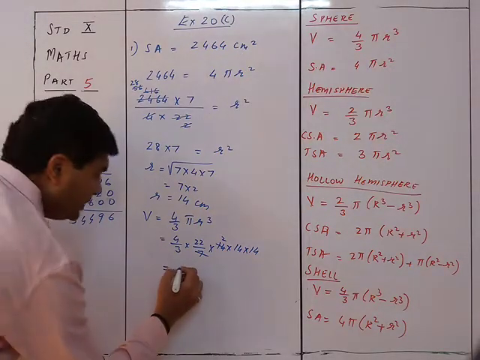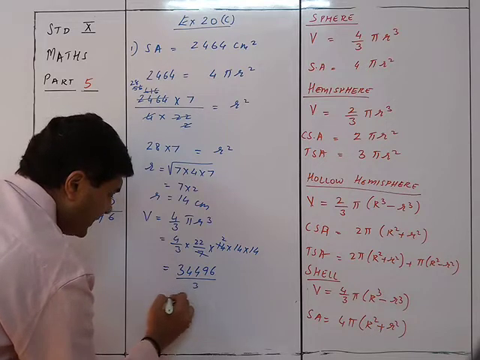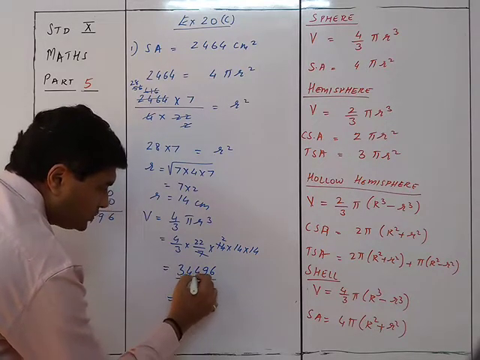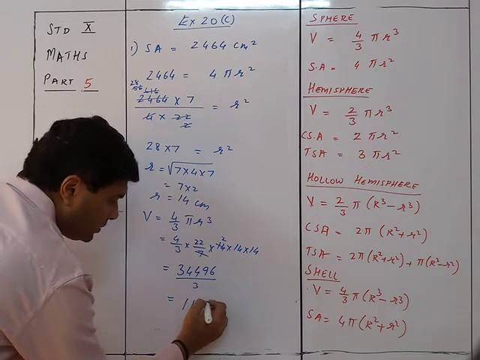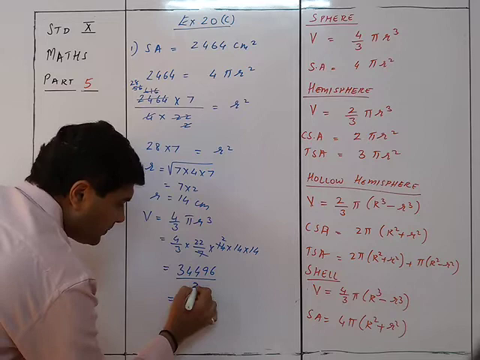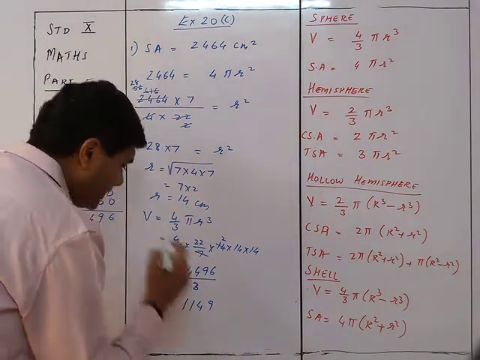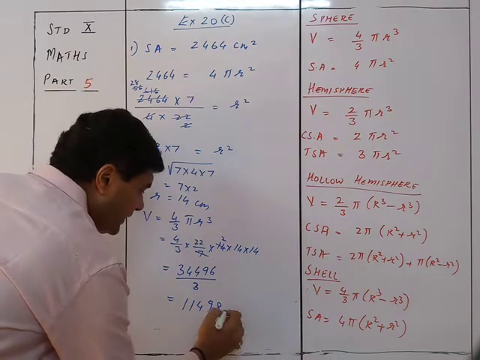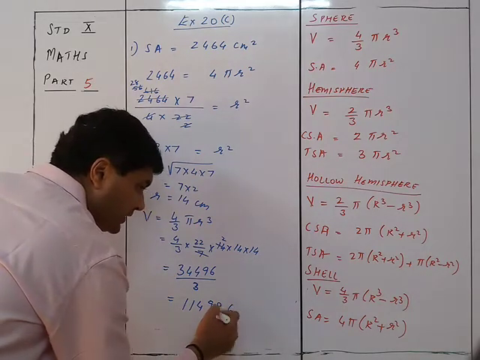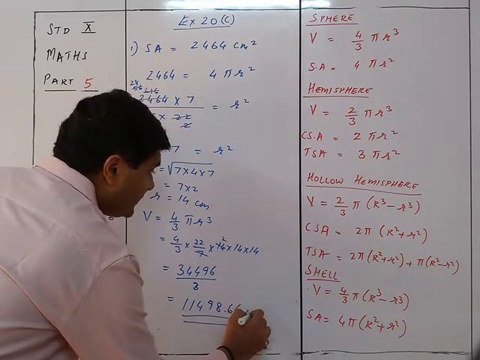So it is going to be 34496 upon 3, and dividing by 3 we get the quotient digits, with the decimal part coming as 6666. So that is this way. This will be the centimeter cube.